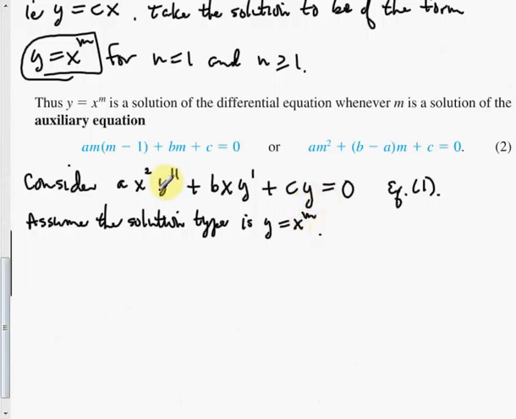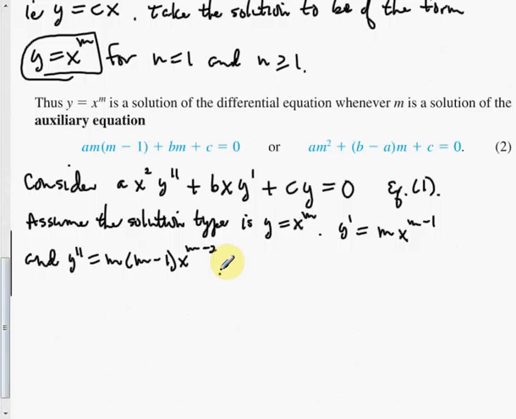Well, for this equation number 1, we have y, y prime, and y double prime. So let's go ahead and solve for y prime here. That's going to be m times x to the m minus 1. And y double prime is equal to m times m minus 1 times x to the m minus 2. Are you with me? Okay.